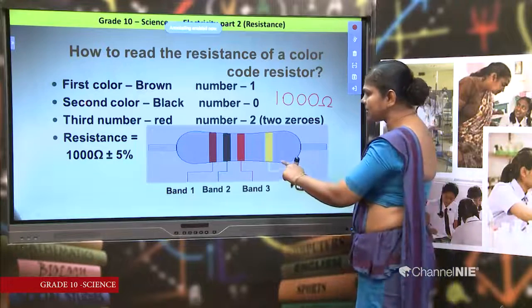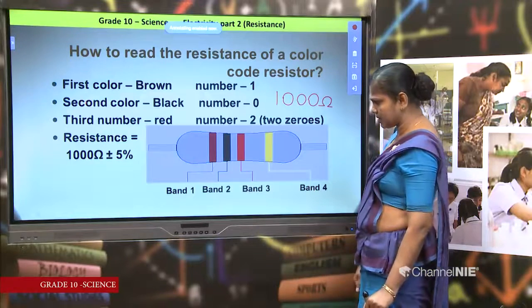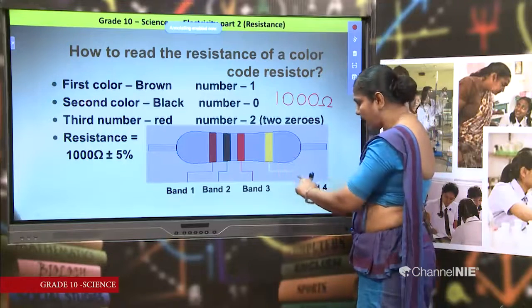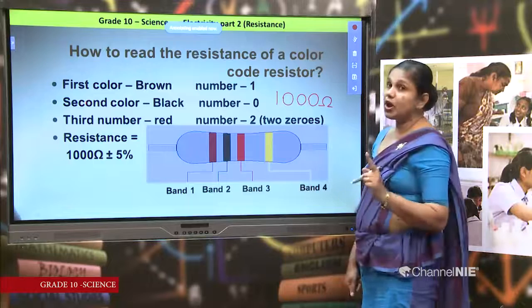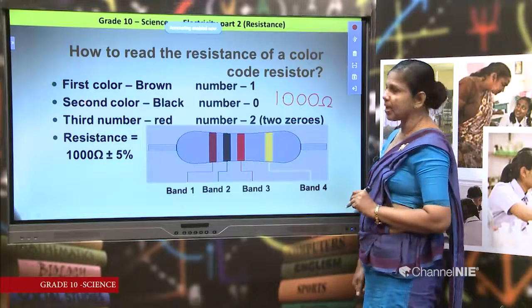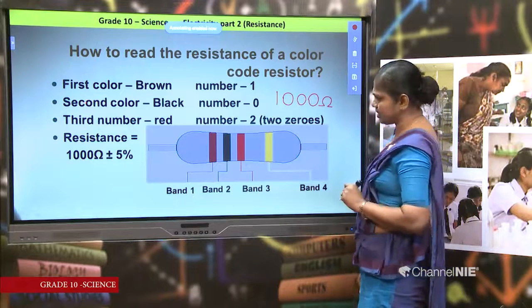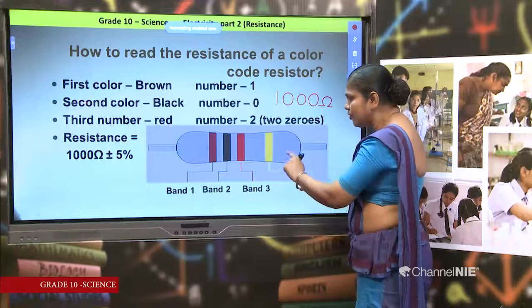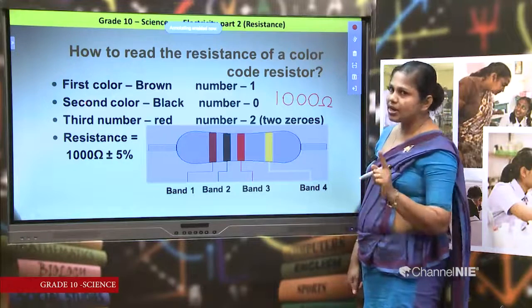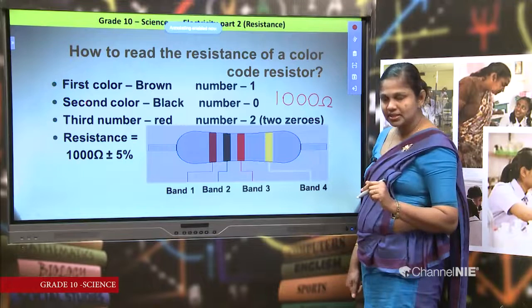Then what's the purpose of the final fourth band, which is separately printed? This fourth band gives us the tolerance percentage of this particular resistor, children. How do we get the tolerance percentage? If the fourth color band is gold, the tolerance percentage is 5%.